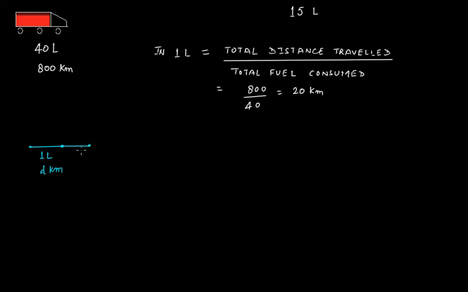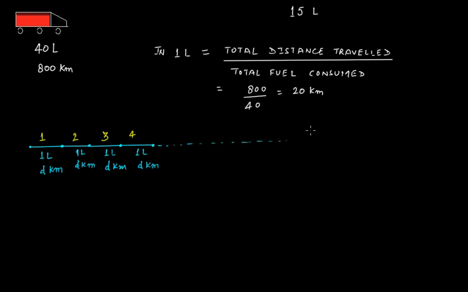In another 1 liter it will travel another d kilometers, and in another 1 liter another d kilometers. So this is for the first liter, the second liter, the third liter, the fourth liter, and in this way it continues.